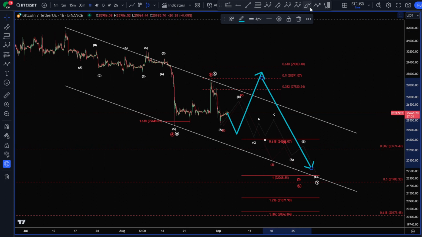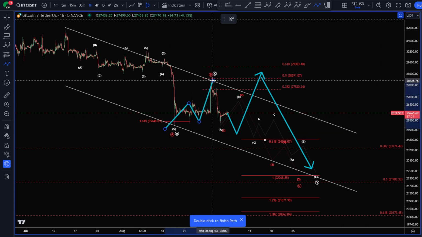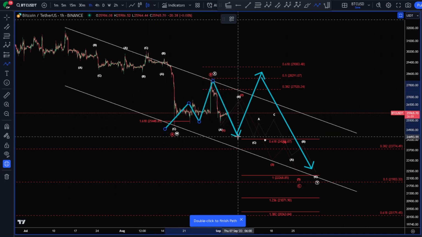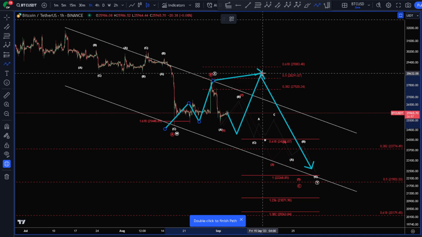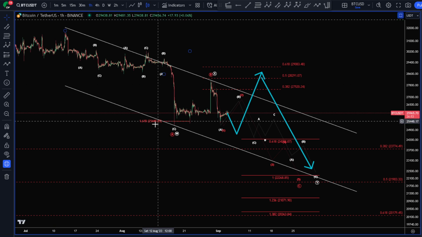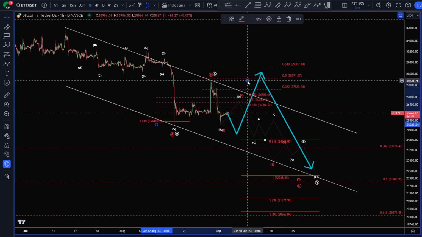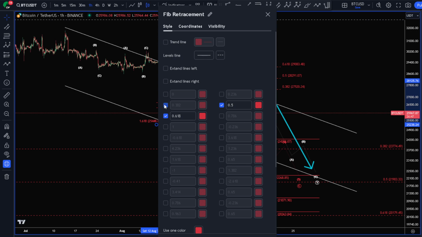And all that would be is a 3-wave A, a 3-wave B, and then a C wave up in an expanded flat. And that stays valid. Minimum we need is the 1.05.